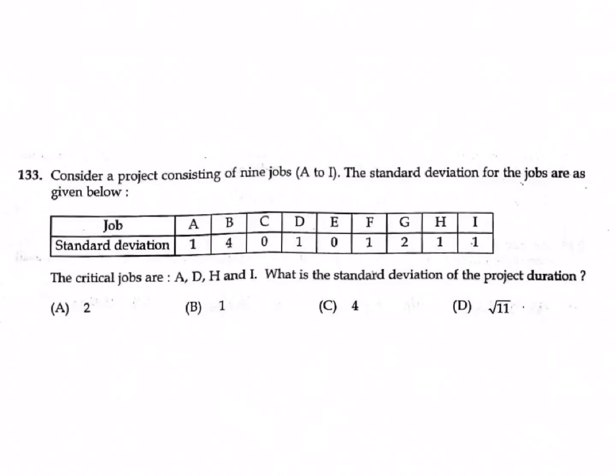A, D, H and I. We know the standard deviation for critical paths is root over A square plus D square, then H square plus I square.